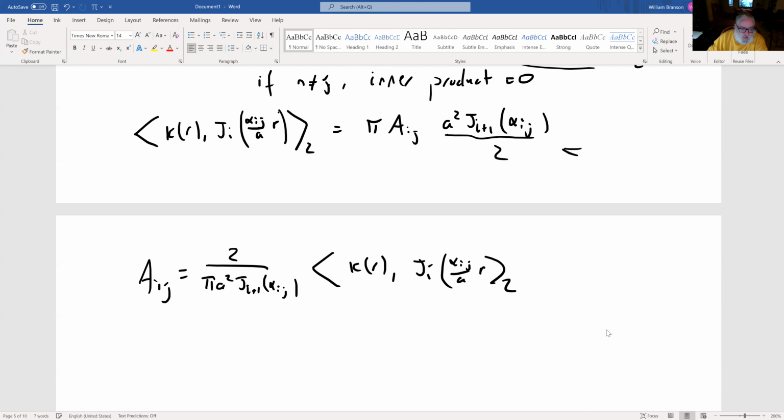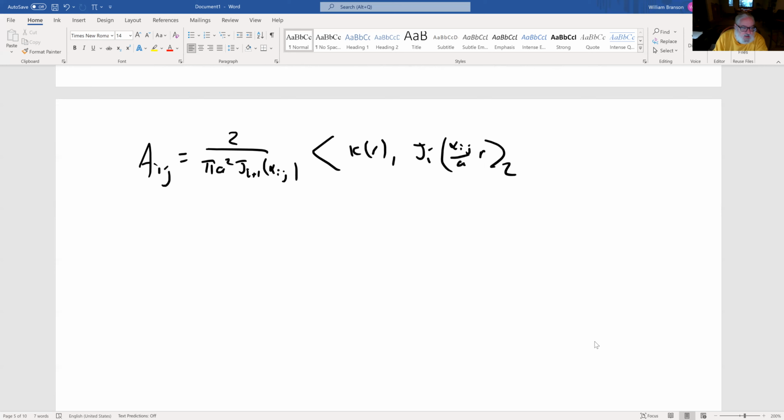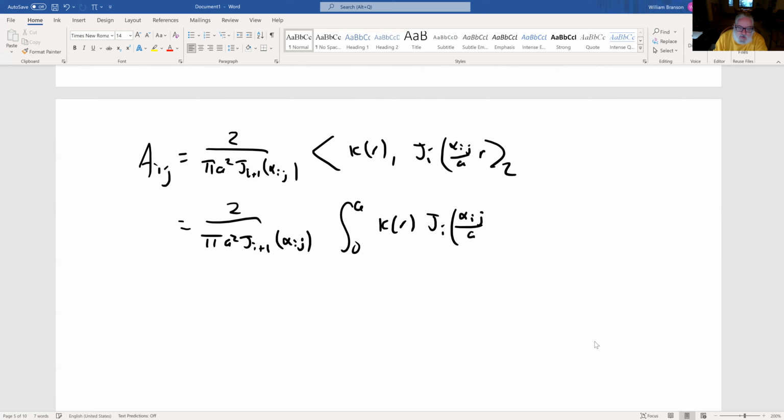That's just rewriting this equation. Now, if we rewrite that inner product, this is the integral from 0 to a of k of r times j sub I of alpha sub I j over a r, times r dr.